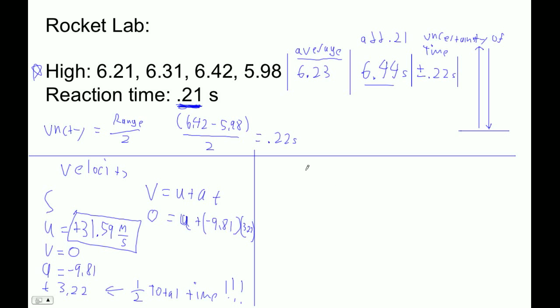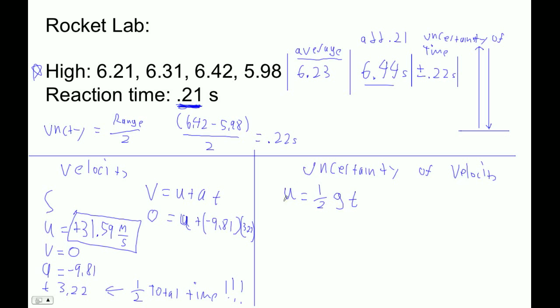And now I want to do the uncertainty of the velocity. What is my real formula? Basically, the initial velocity is 1/2 g times t. I'm taking the time, dividing it by 2, multiplying by 9.81, not negative 9.81.